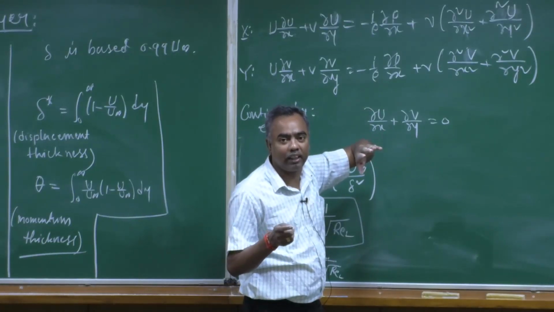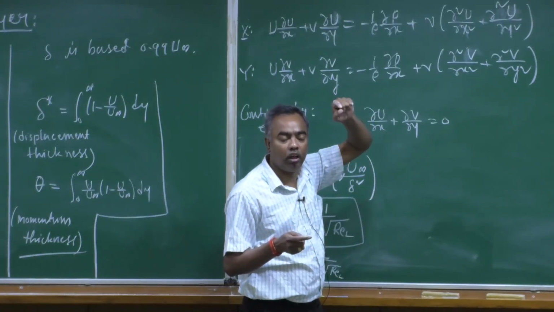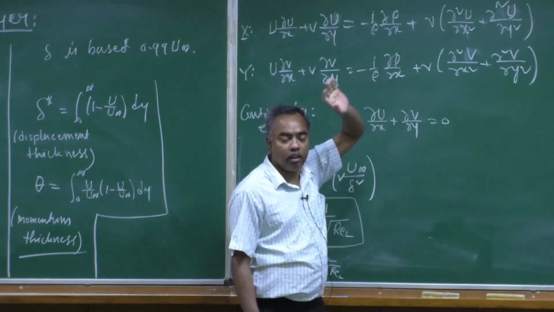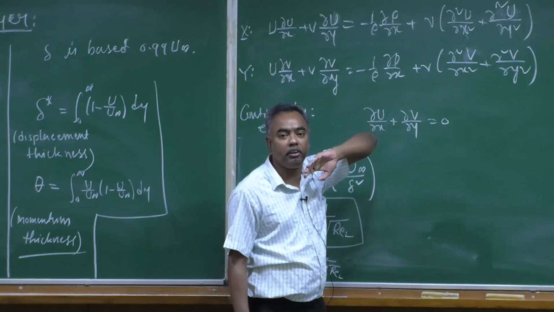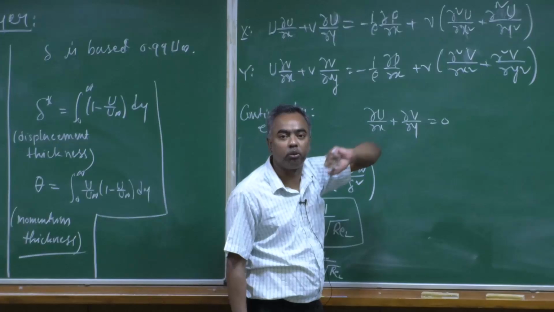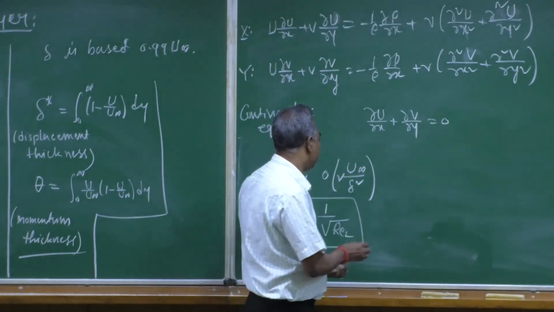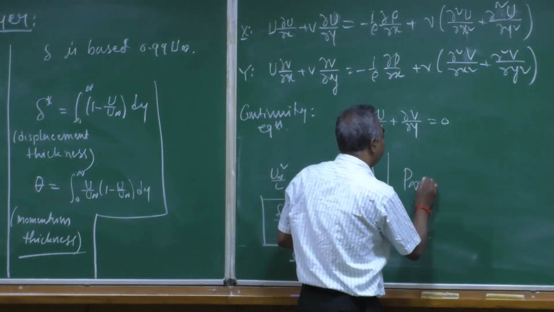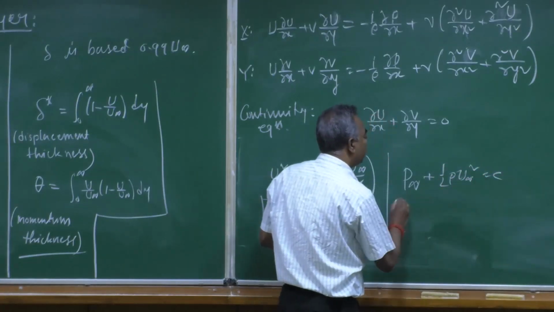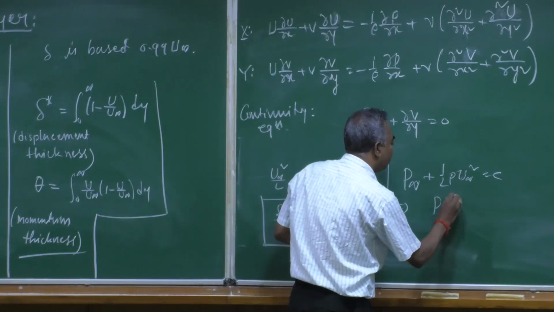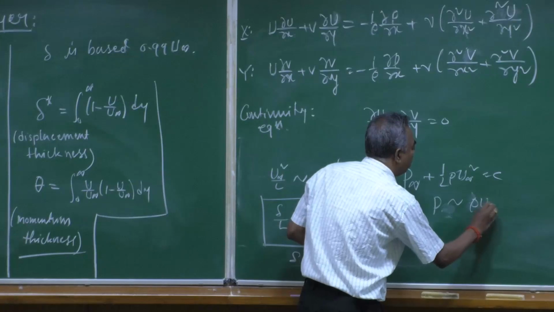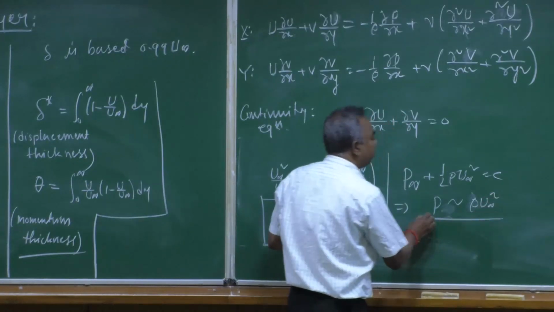That is because the pressure is impressed from the free stream on the boundary layer. So, outside of the boundary layer, the equation which governs the flow is Bernoulli's equation, P plus half rho U infinity square is equal to constant, that is, P infinity plus half rho U infinity square is equal to constant. So, from this we can say that the pressure scales as rho U infinity square.